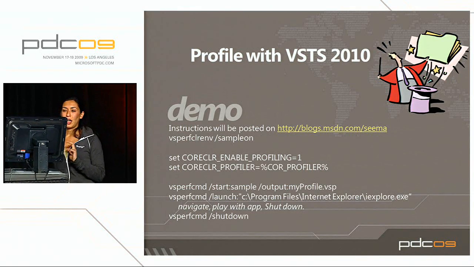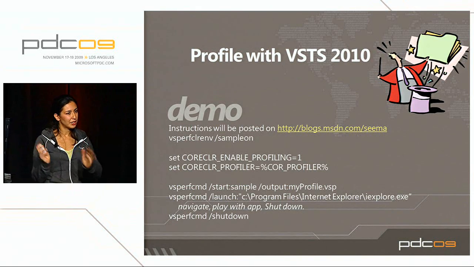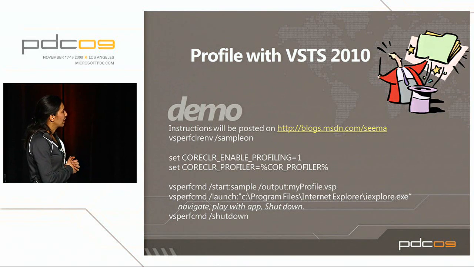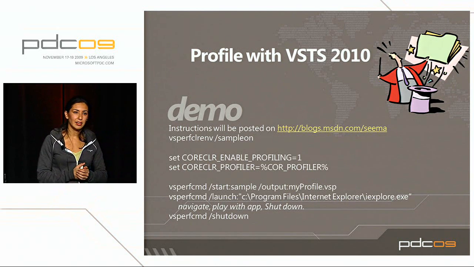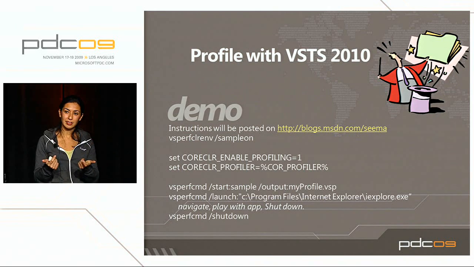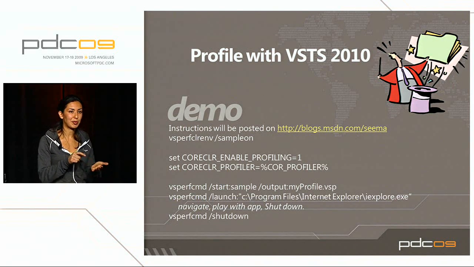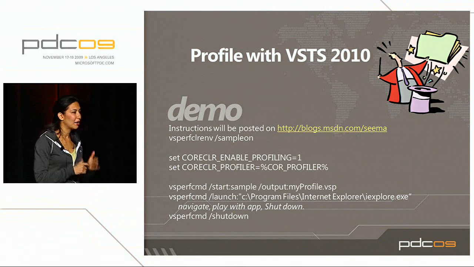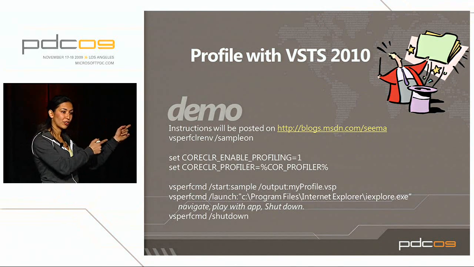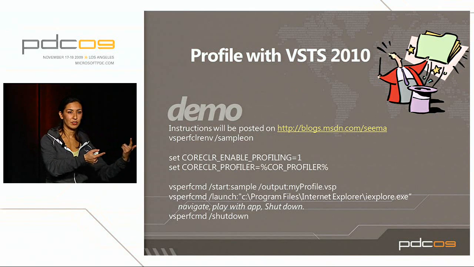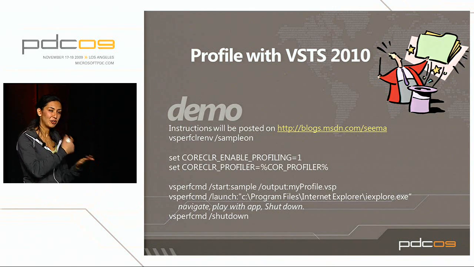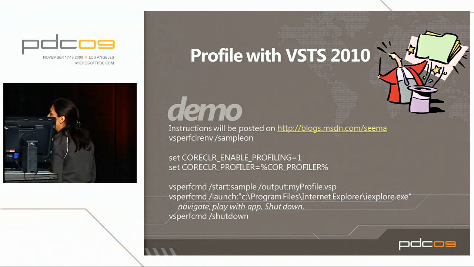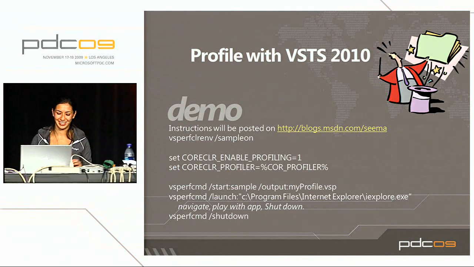I'm going to show a demo of this. I will caveat and say that we haven't successfully gotten the symbols to work publicly, and that might be because the symbol server didn't propagate until yesterday. I will post instructions on my blog on how you too can get this to work. I know for sure that it works on my machine, though.